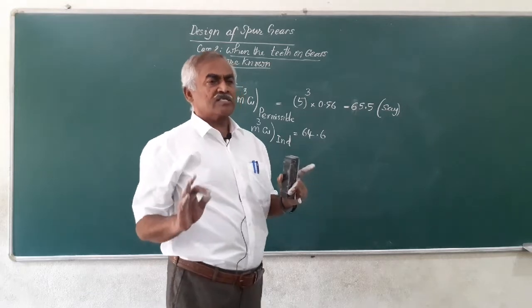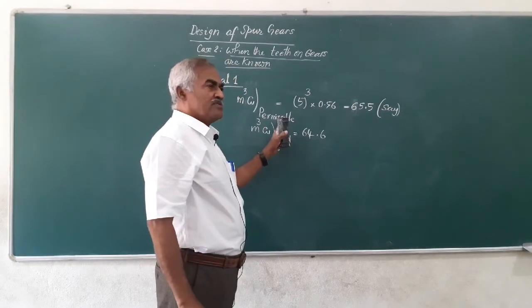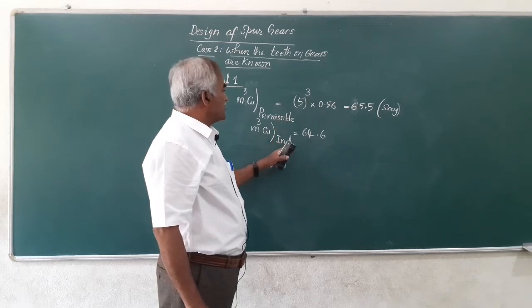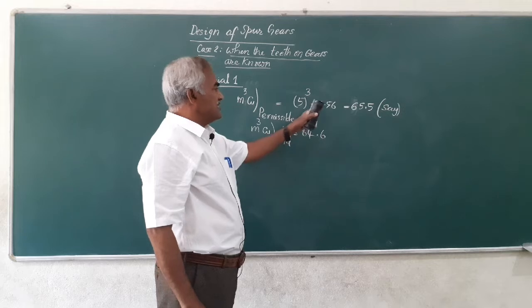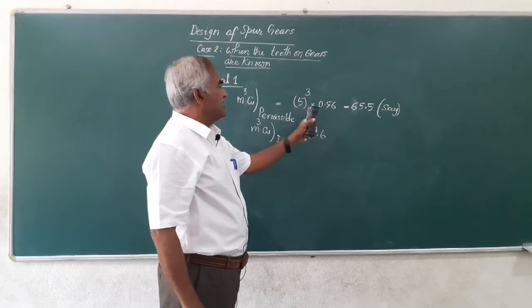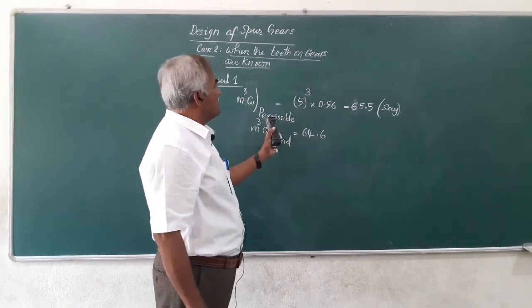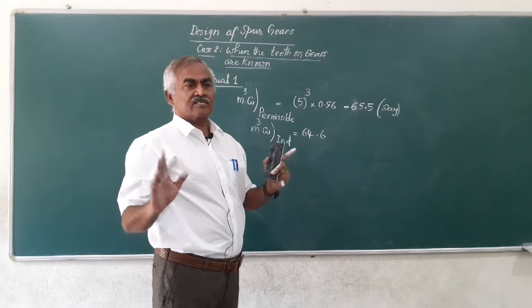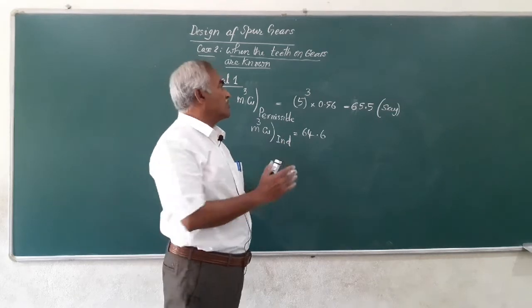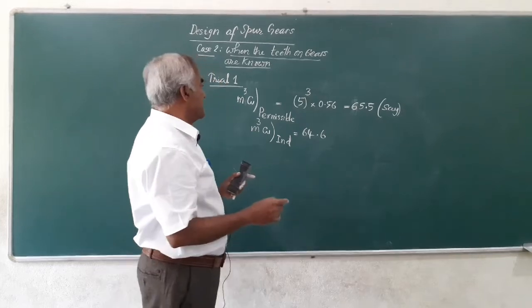For a safe design, the induced value should be equal to the permissible value, or the induced value should be lesser than the permissible value. Here in this problem, as per the statement made here, it is satisfying, that is the permissible value is higher than the induced value and the design is safe, and so we will be able to adopt the value of module m as 5 millimeter.